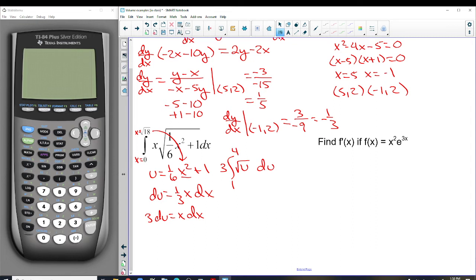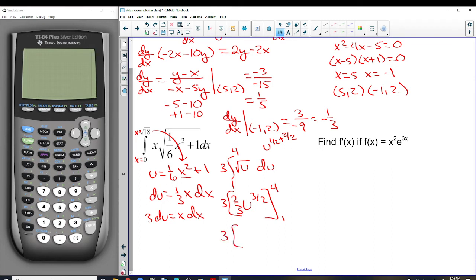So now if I change everything to u's, I can just do everything with u's. This is u to the 1/2. So u to the 3/2 times 2/3. I got to bring that 3 with it. And now we can go from 1 to 4.